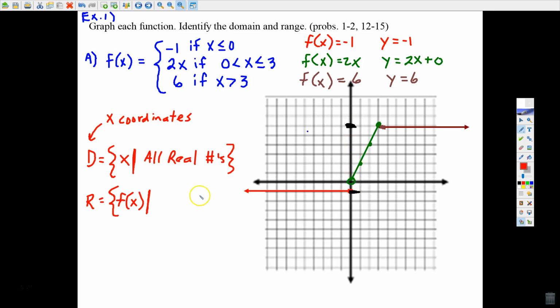Let's see the open circle. So here's the way I want you to show all the numbers between. We have 0 on the low end, we have 6 on the high end, and then we're just going to put f of x in between. Or if you put y, that would not be terrible.